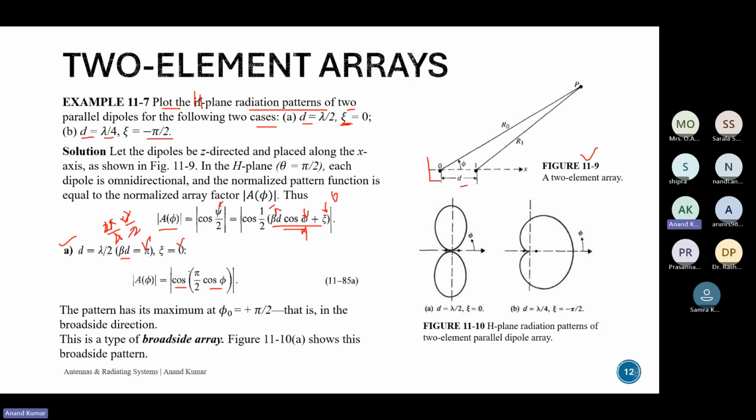This pattern has its maximum at plus pi by 2.